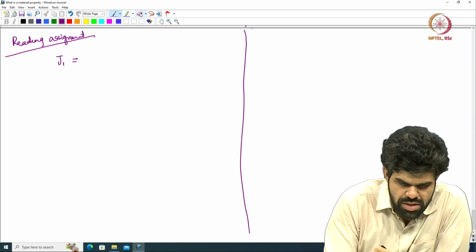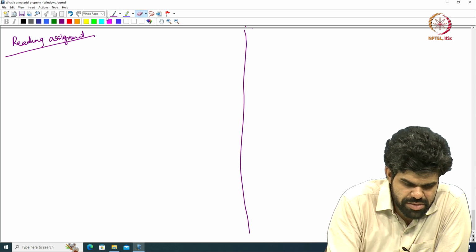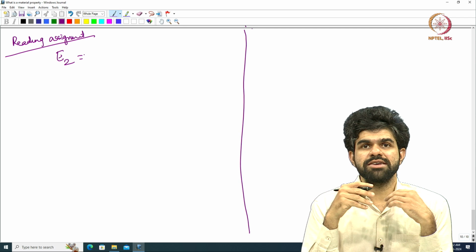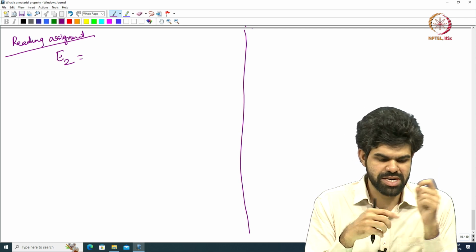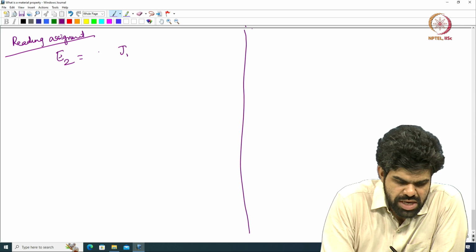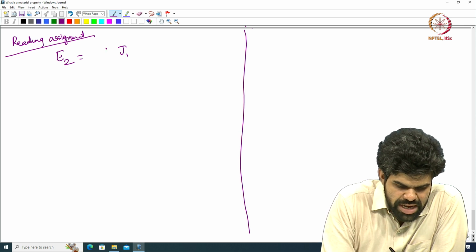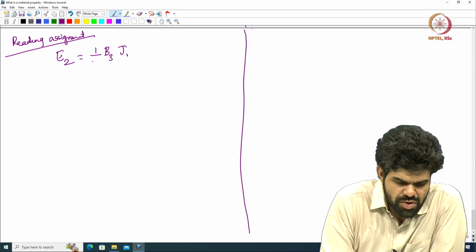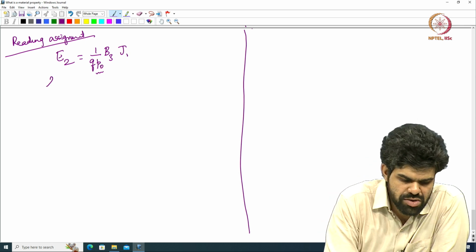Okay. Or rather, the E2 that I am generating, the transverse electric field, is related to J through the magnetic field B3 of course, and some other quantity which is dependent on the carrier concentration. P naught is the carrier concentration.